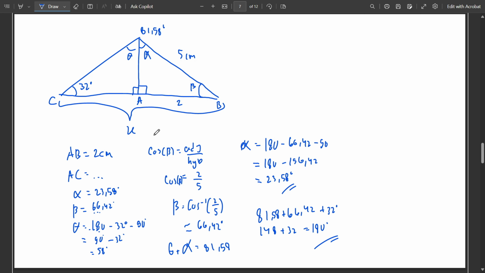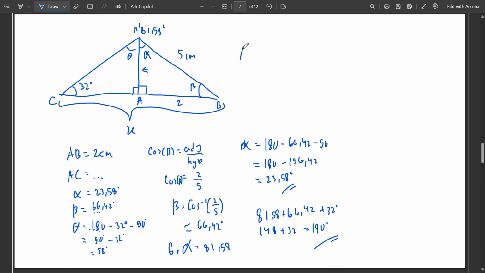That means we can find our AC here. Well, to find AC, we have to find our opposite side here. Let's call it A accent.